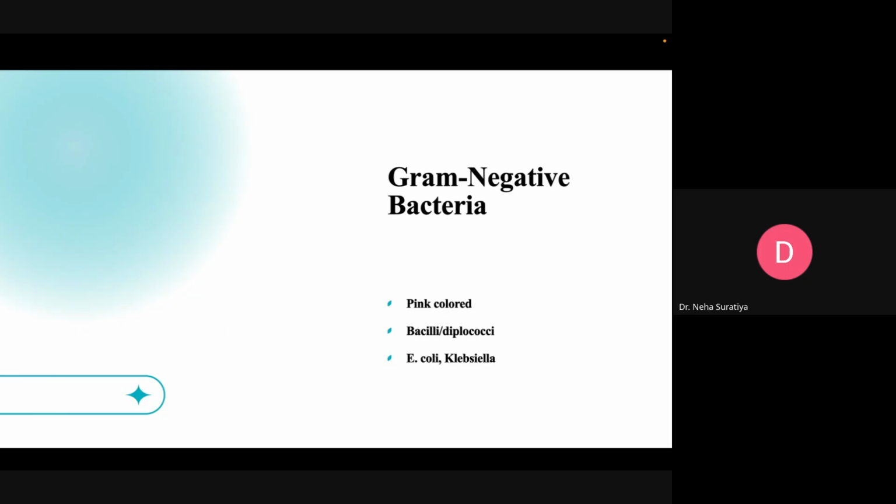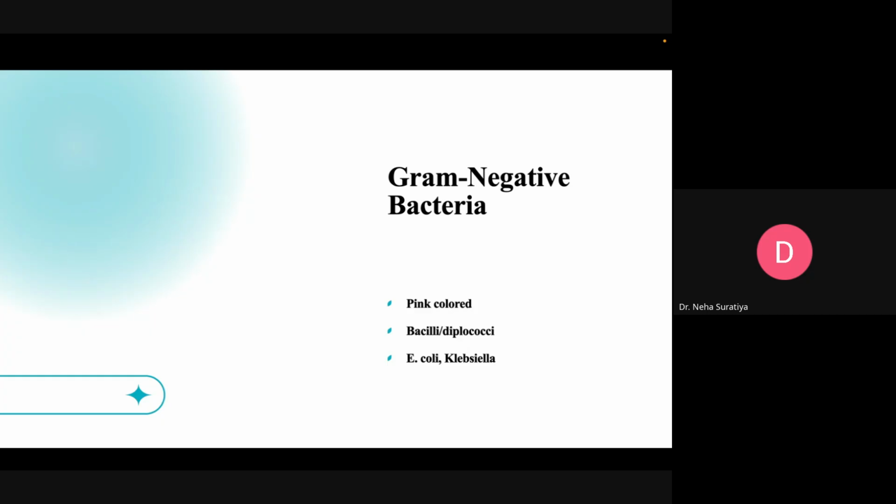So why are gram negative infections dangerous? Because they have an outer membrane. Gram negative is dangerous compared to gram positive because the bacteria have an outer membrane, and they contain endotoxins in very large amounts.